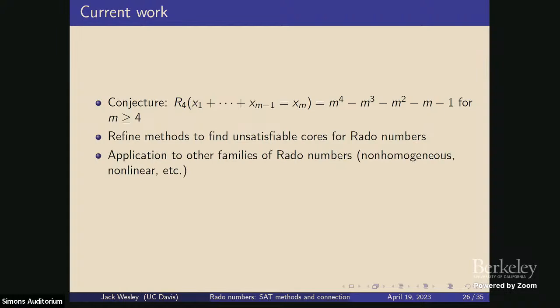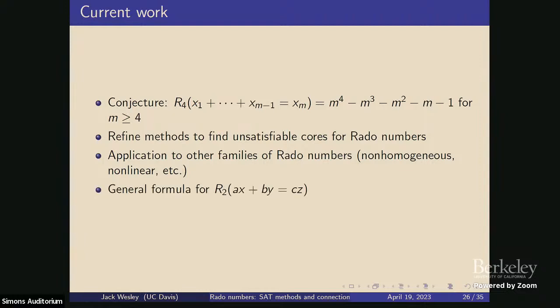Okay. And there are plenty of other places you can do the exact same thing. There are tons of other families of Rado numbers that have been studied. Non-homogeneous cases have shown up a lot in the literature, and you can do this with nonlinear equations or equations over other abelian groups as well.